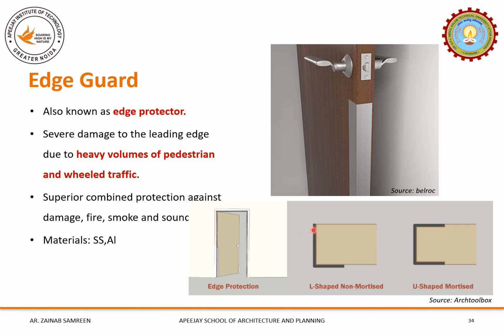This corner is not protected. While caps are U-shaped and will protect both the corners of the door edge. This corner is also protected and this corner is also protected. They are basically surface applied, but they can also be mortised into the door so that the door edge is flush with the face of the door.